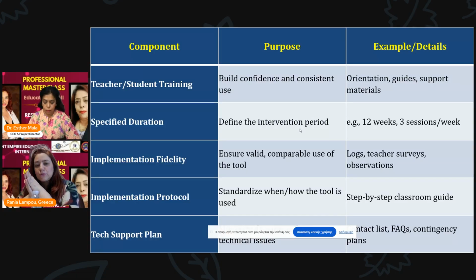We need to ensure valid, comparable use of the tools, implementation fidelity through teacher surveys, observations, and implementation protocols, standardizing when and how the tool is used. So this requires a step-by-step classroom guide and a tech support plan, which minimizes disruption from technical issues. Here we can use a contact list, contingency plans, backup plans, etc.